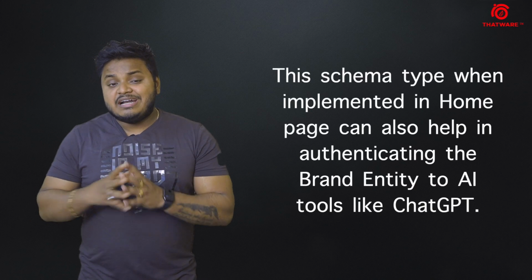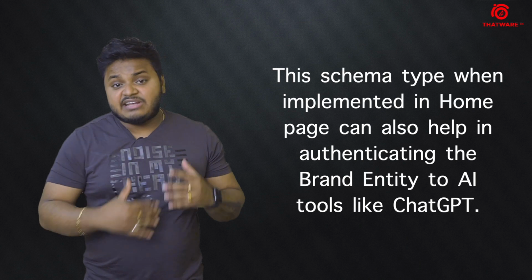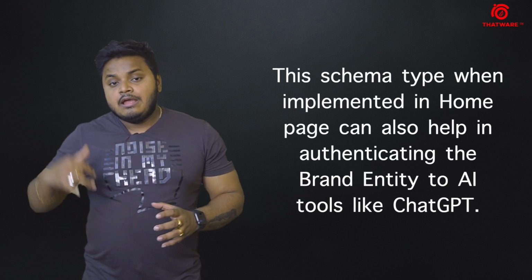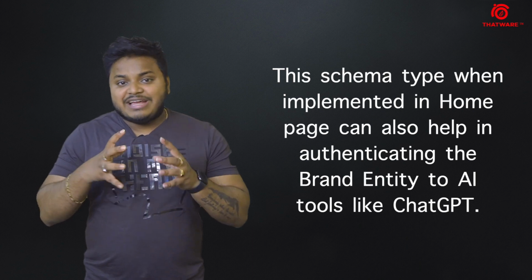The more information you can feed into it, the better it helps search engines understand your business as an entity. And if an entity is formulated, this can later be utilized by ChatGPT to extract information regarding your brand.